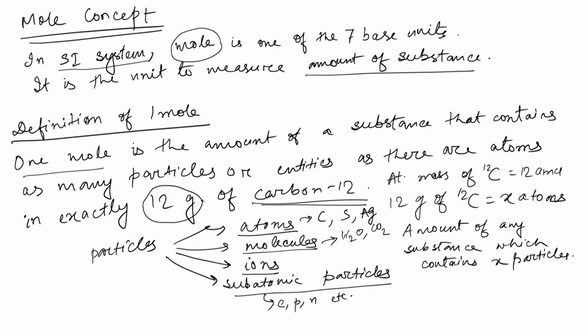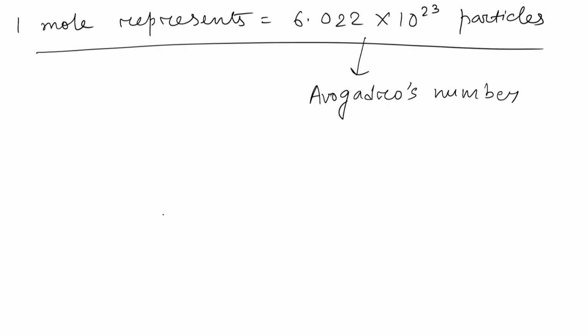Now, what is the number of atoms that we are talking about? What is the number of atoms which is present in 12 grams of carbon-12? So, Avogadro said that 1 mole represents 6.022 × 10^23 particles. This specific number is known as Avogadro's number.